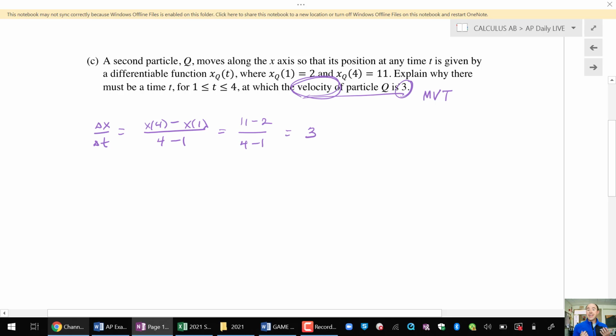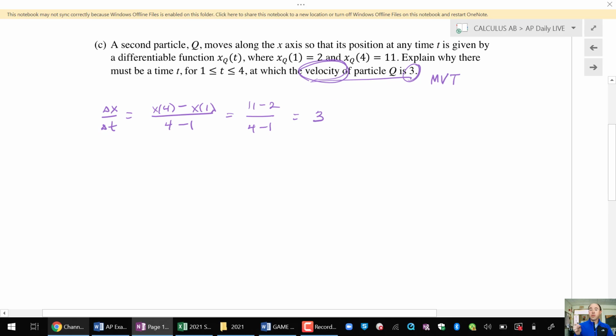So let's establish, first of all, differentiability and continuity, which we need to make sure we have before I use MVT. And it says here that the function x, position function for Q, is differentiable.